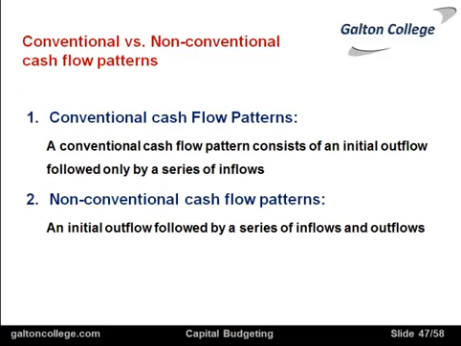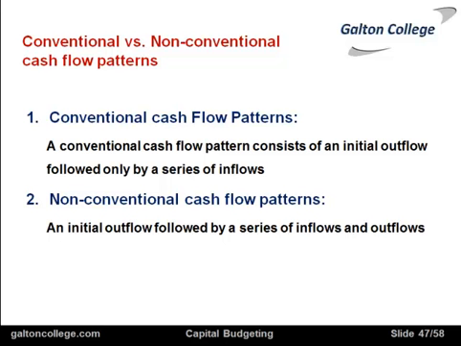Conventional cash flow patterns, well, these are just the cash flows that you would see in a cash flow statement. They are the normal run-of-the-mill, perhaps cyclical or seasonal cash flows that the business would expect.